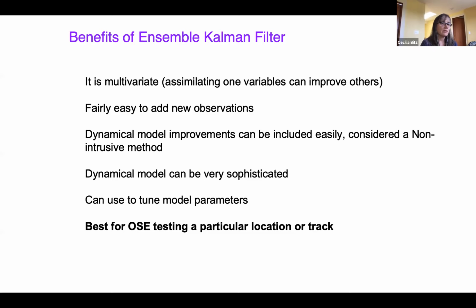But what this method excels at is, well, it is multivariate, both methods are. The biggest news is that it's fairly easy to add a new observation. That's key, right? When we can act fast, when new observations become available, we can grab them and use them.